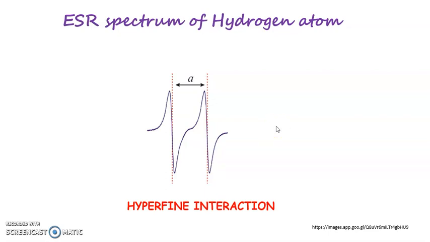Thus, hyperfine interaction occurs as a result of the magnetic interaction between the electron spin S and the nuclear spin I. The hyperfine interaction in ESR spectra is analogous to the fine structure, that is, nuclear spin-spin interaction in NMR spectra. As a result of this interaction, the ESR peaks are split into several lines.